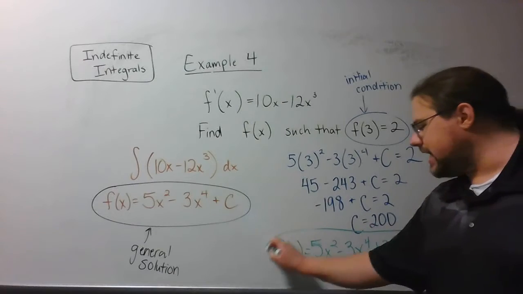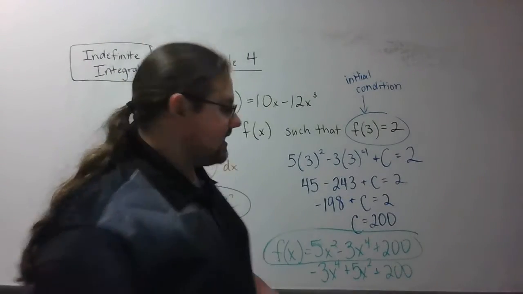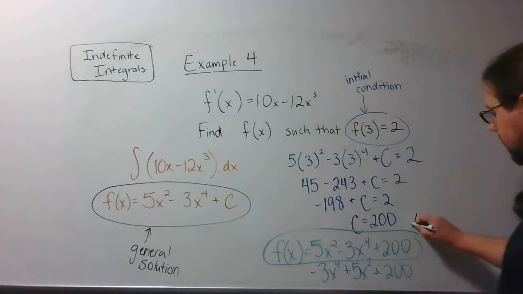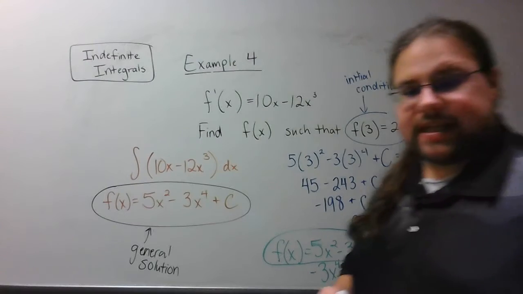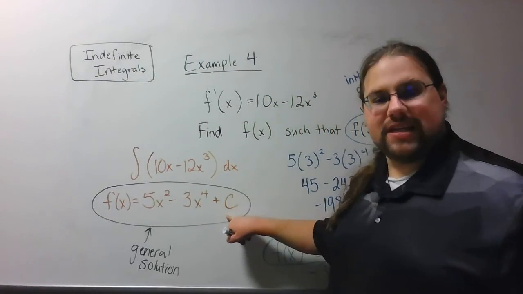Make sure you understand, though, this is, I'm going to use a very special word here, a particular solution. Now, let me make sure I go over very quickly the difference here. The general solution has a constant in it, has a plus c.